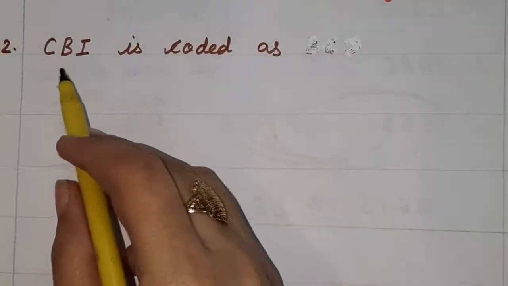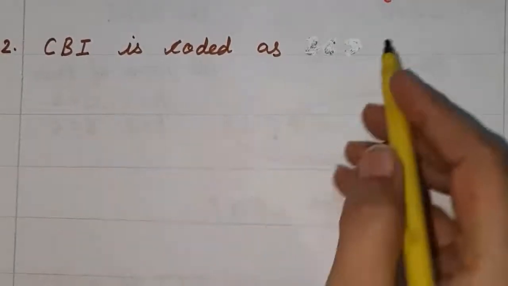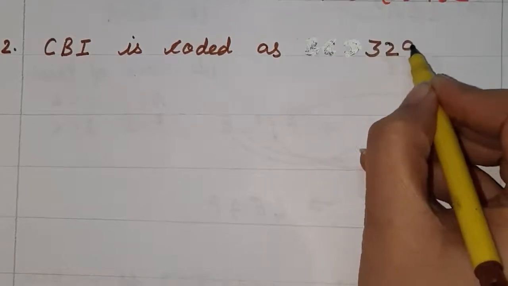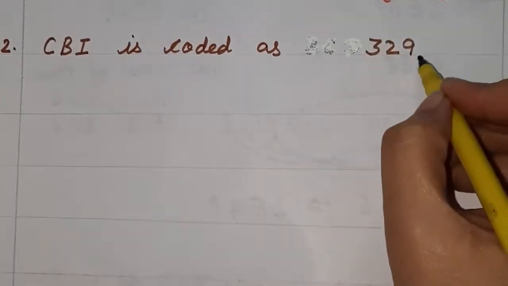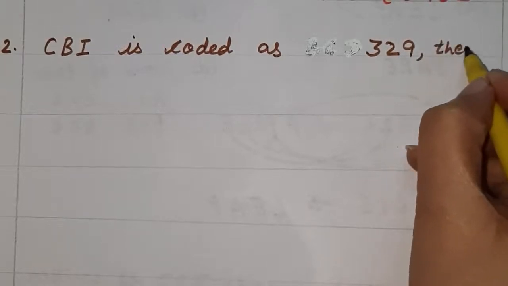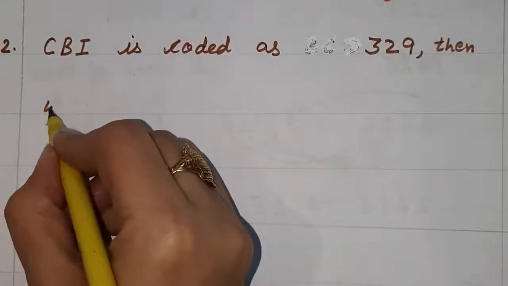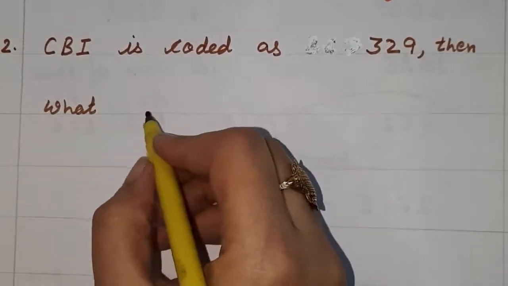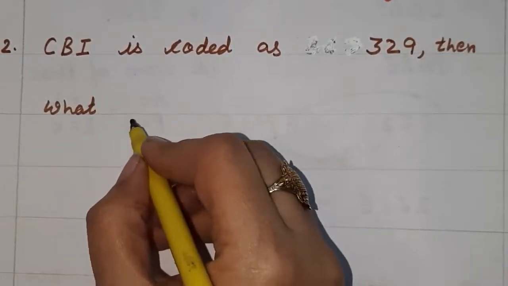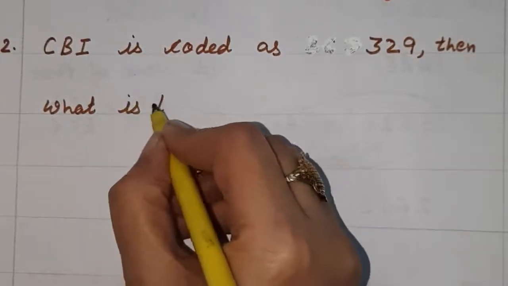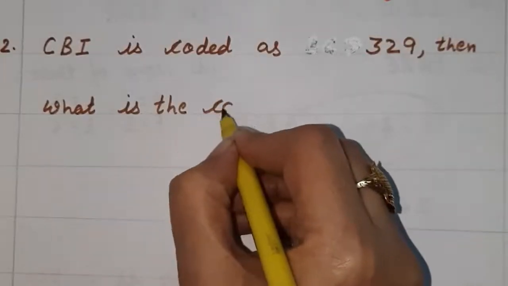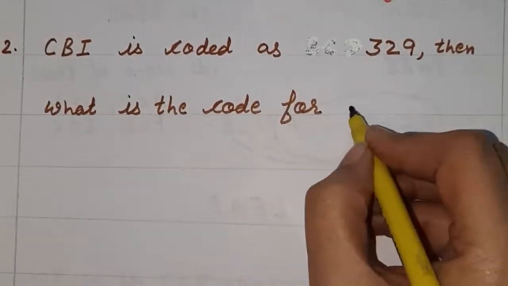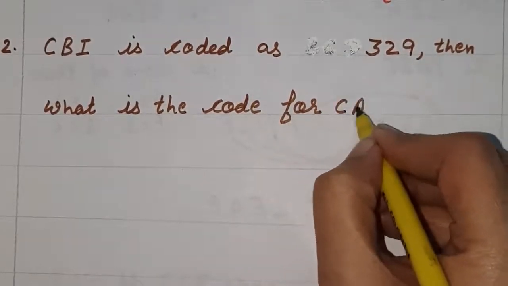Now question number 2 is: CBI is coded as 329. Then what is the code for CAADI?